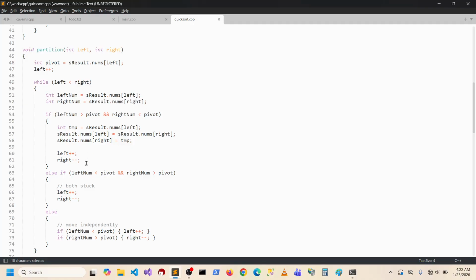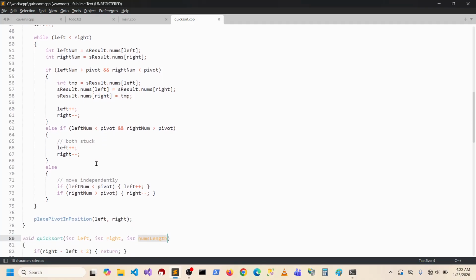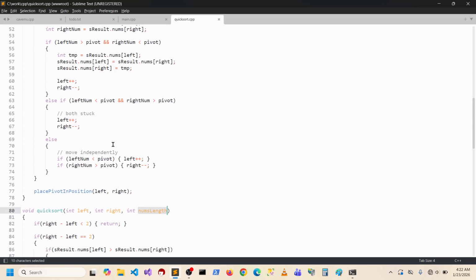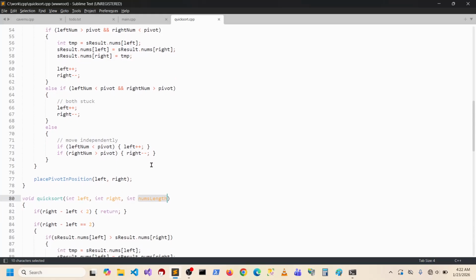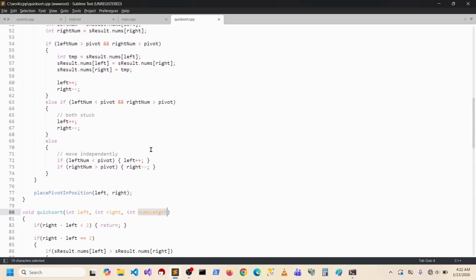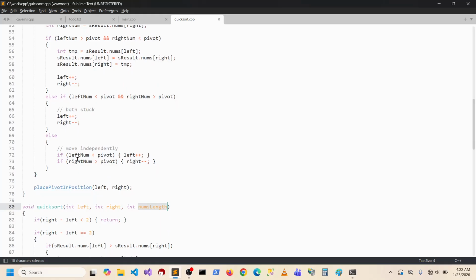So we swap and move. Okay, so once we do the partition, then we place the pivot.